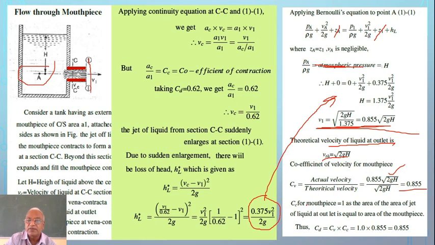Cc for the mouthpiece you take as 1, as the cross-sectional area of the jet of liquid at the outlet is equal to the area of the mouthpiece. So CD becomes CV into Cc, equal to 1 into 0.855. So 0.855 would be the CD for the mouthpiece.